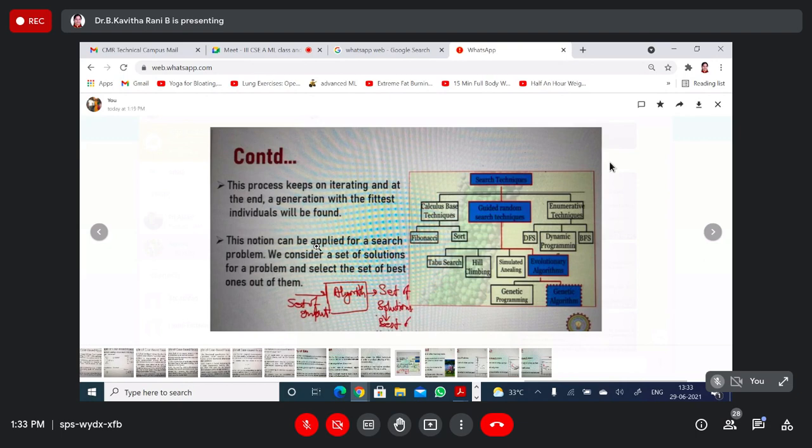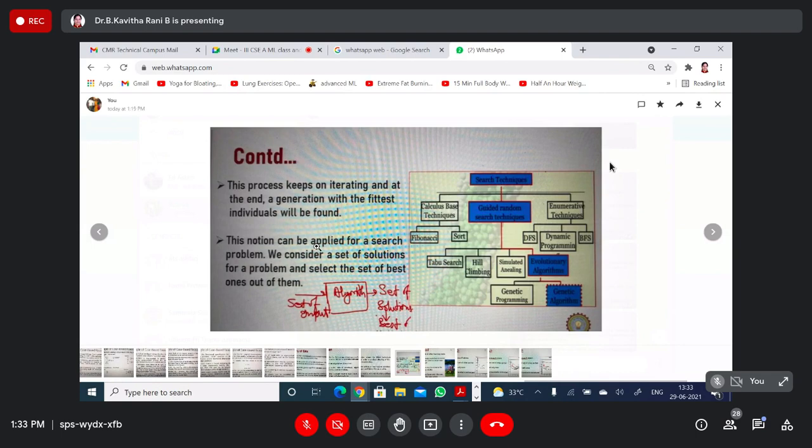This notion can be applied to a search problem. We consider a set of solutions for a problem and then select the set of best ones out of them. So it will take a set of solutions for a particular problem and select the set of best ones from the output, using some algorithm. From that we will select one best solution.